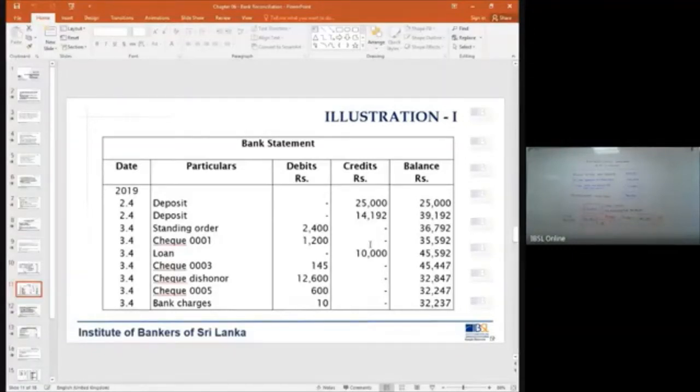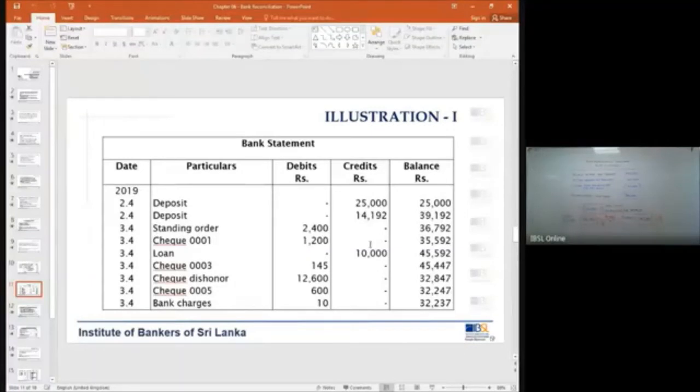So I would urge you all to complete all the work that we have done so far, the revision work, because don't leave it to the last. It will be very difficult for you to catch up. So please revise all we have done, understand the principles of double entry and how you look at the transactions and draw up the debit and credit. All those will be very important.